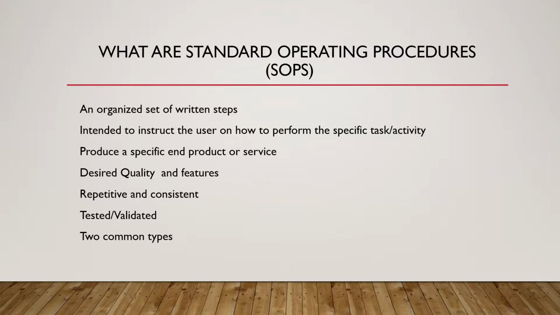They're intended to instruct the user on how to perform the specific task or activity. They produce a specific end product or service. They have a desired quality and features. They're repetitive and consistent. They're tested and validated, and there are two common types.